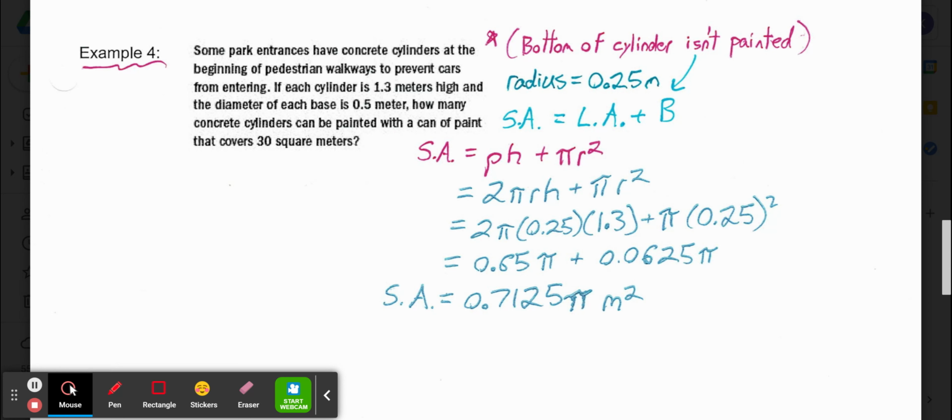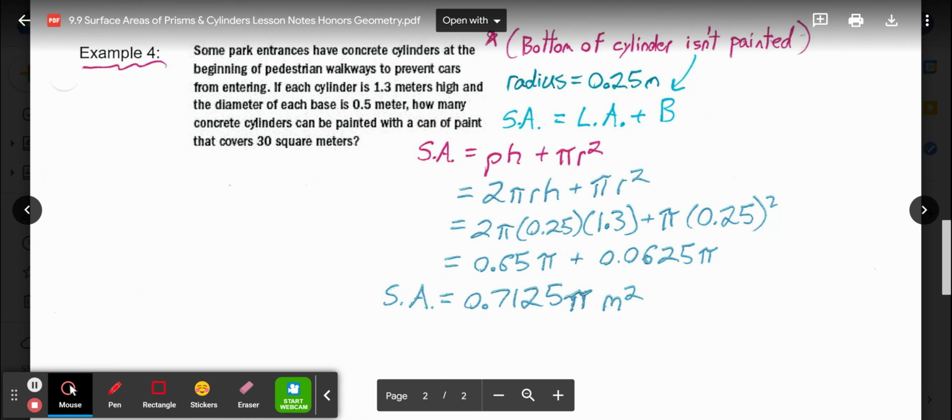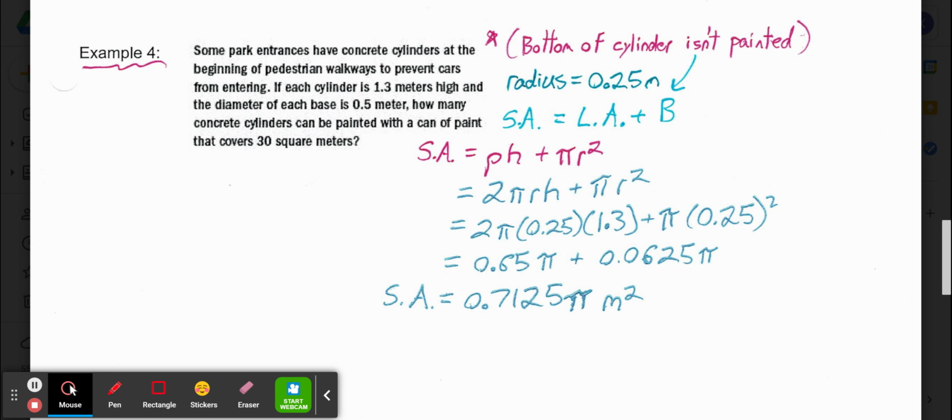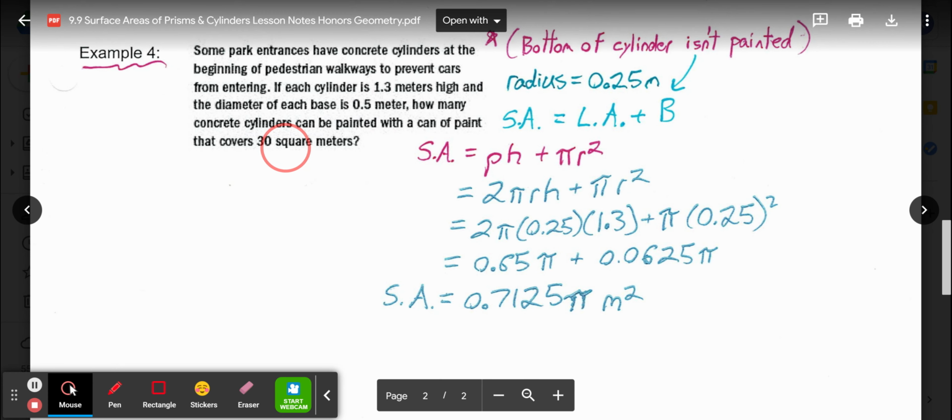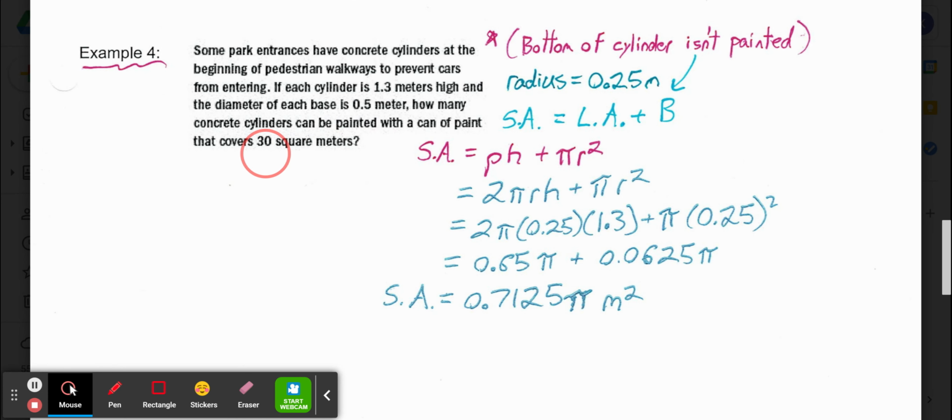So then if we wanted to find out how many cylinders would be painted with a can of paint that covers 30 square meters, we would take our 30 and divide it by the 0.7125 multiplied by pi and round it to our nearest whole number.